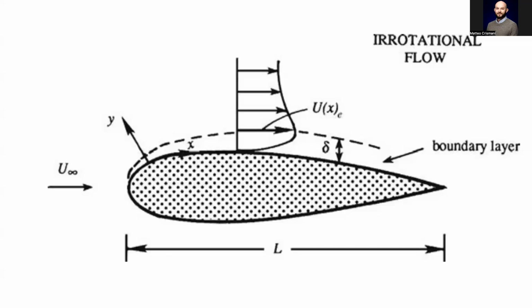The term next to it is immediately squished. The bigger the Reynolds number gets, the smaller this term becomes in comparison to these other terms.